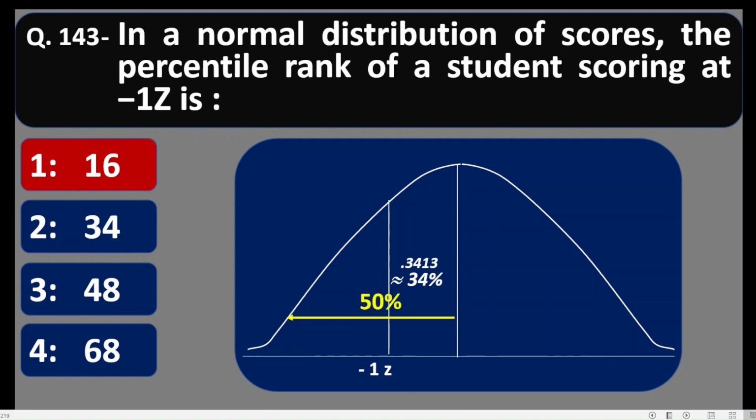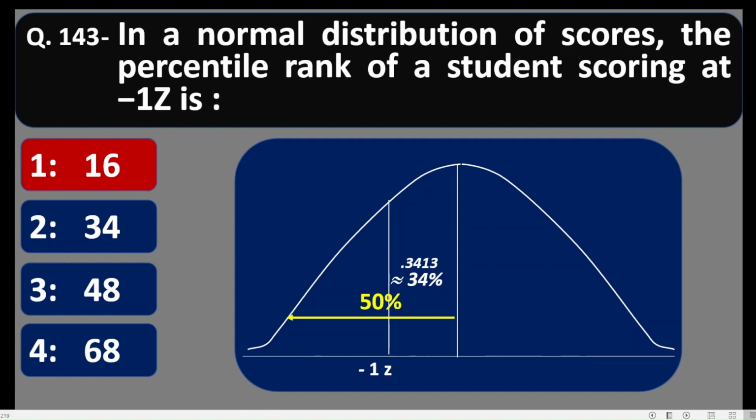So we have to find the area before -1Z. Now you see, the area between -1Z and mean is 0.3413. It means it is 34%. And in terms of percentage, a total of 50% of the observations are at the left side.